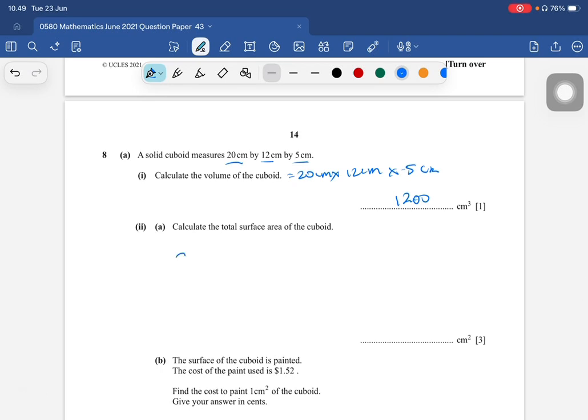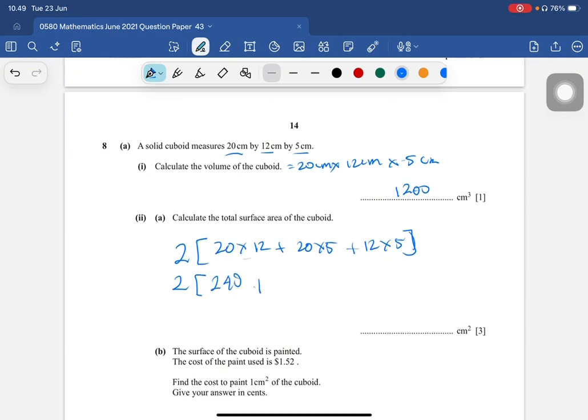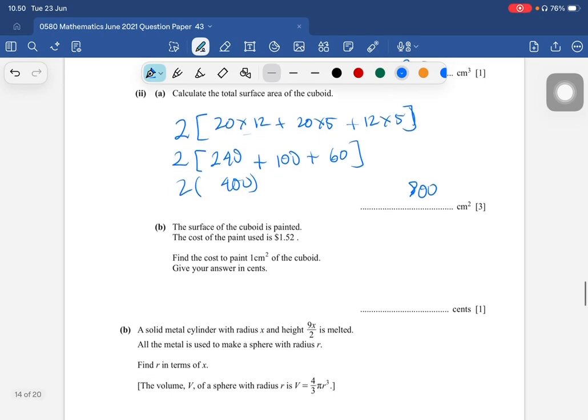So 2 multiplied by 20 times 12 plus 20 times 5 plus 12 times 5. 20 times 12 is 240, plus 20 times 5 is 100, 12 times 5 is 60. So 300 and 400 times 2, this equals 800 centimeters squared.